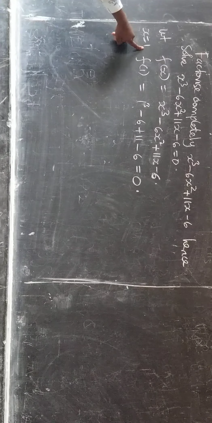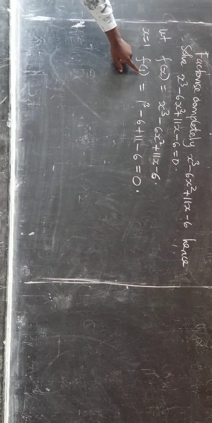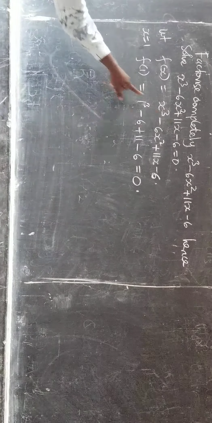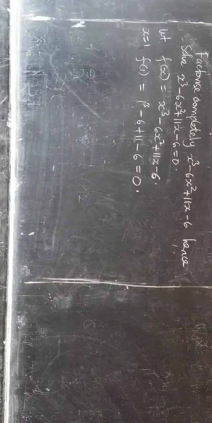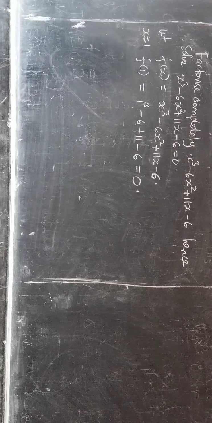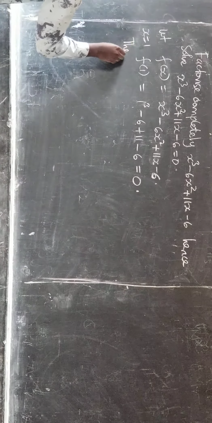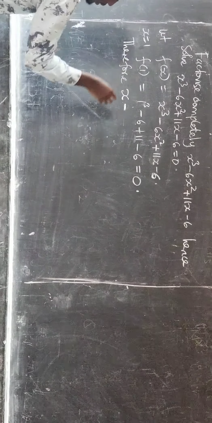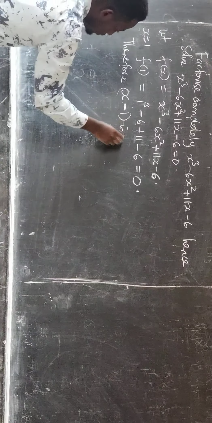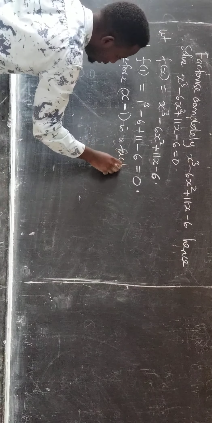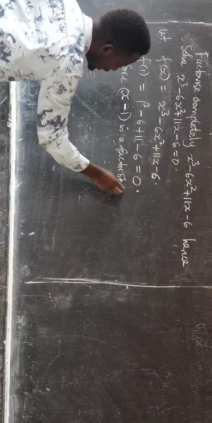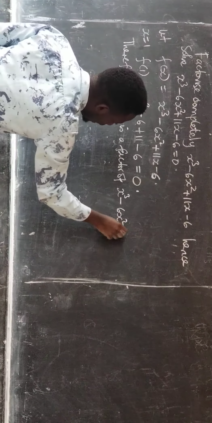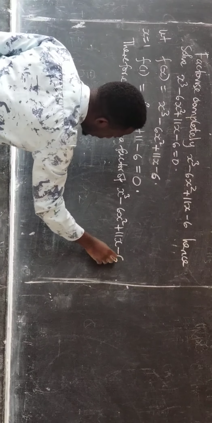So since I have gotten that 1 such that f of 1 takes the whole equation to 0, that means that therefore x minus 1 is a factor of our expression x cubed minus 6x squared plus 11x minus 6.